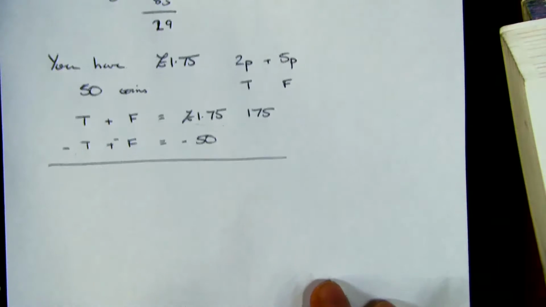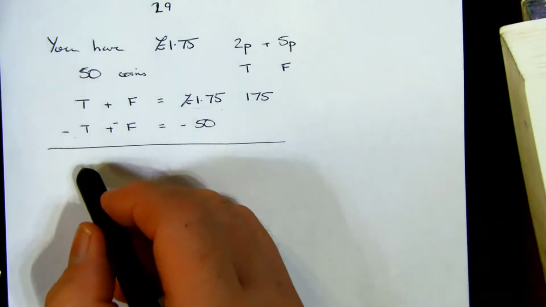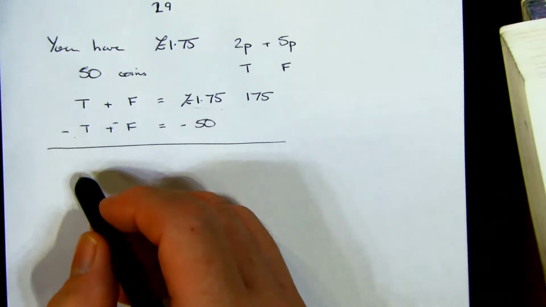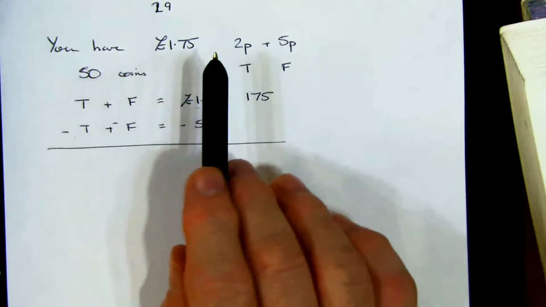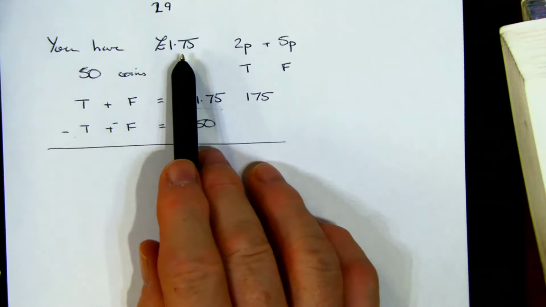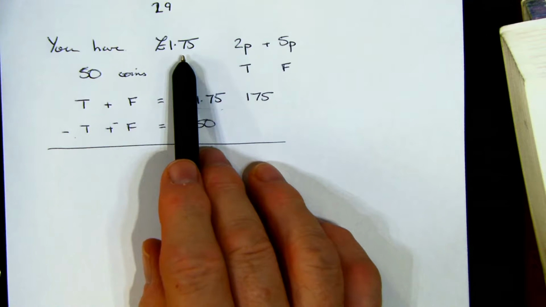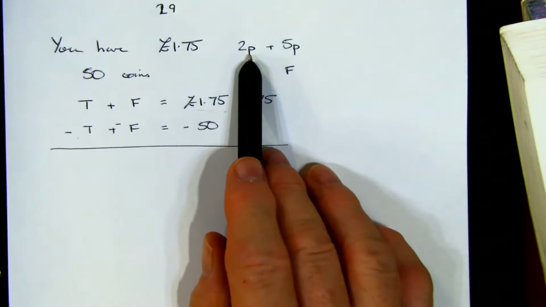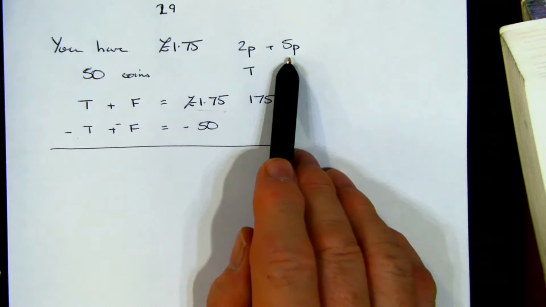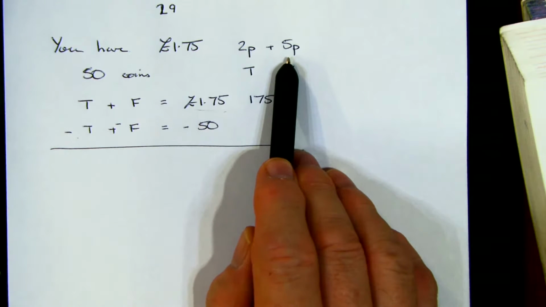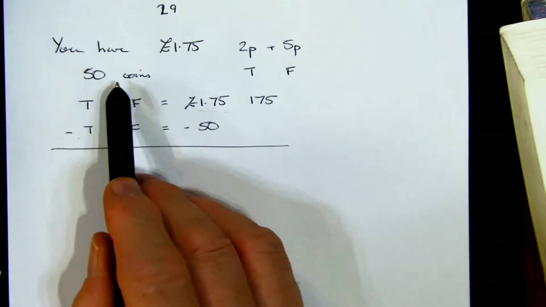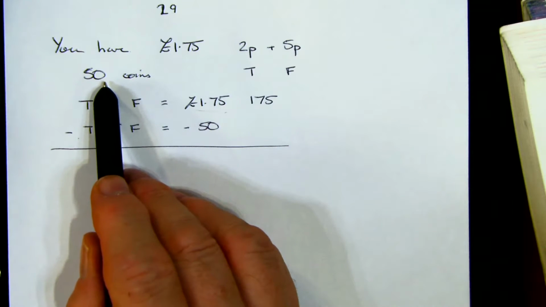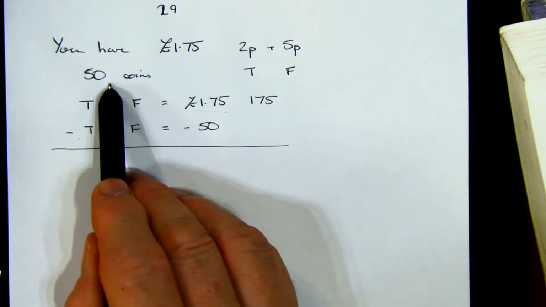So let's see if we can puzzle our way through how we might do something like this. We've got £1.75 in your pocket, made up from 2p coins and 5p coins, and you're also told that you've got 50 coins.